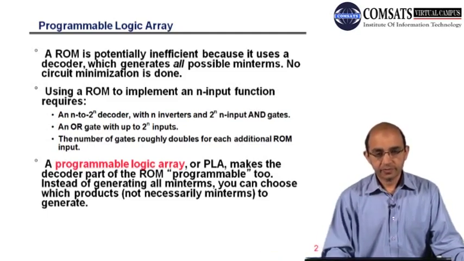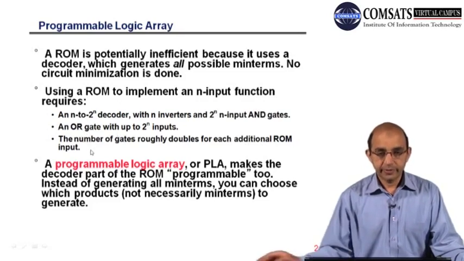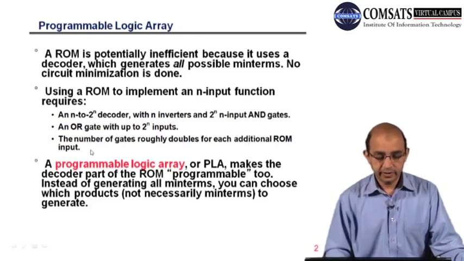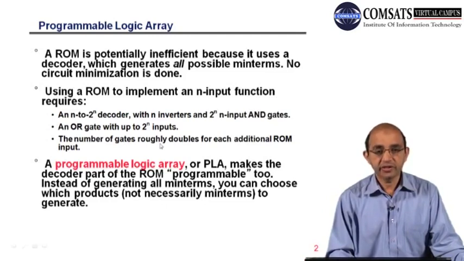So here we have n inverters and 2 raised to power n input AND gates, and for the output we need an OR gate. The number of gates roughly doubles for each additional input.